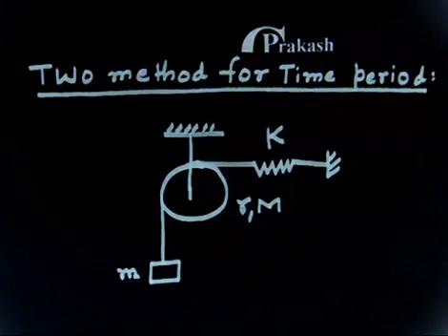Determine the frequency of vertical oscillation of the mass using first Newton's law of motion. So we have to use Newton's law to find out the time period.